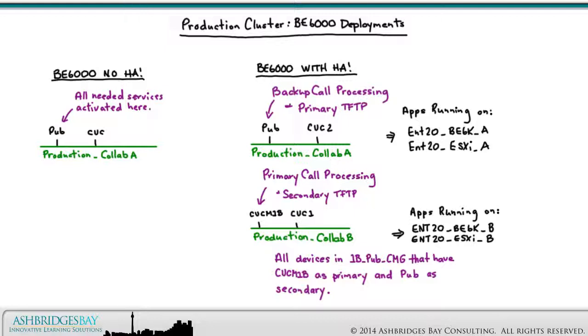We named CUCM1B 1B because it's on the B VLAN and B ESXi host. If we grow and add another call processing server, it will be CUCM1A and go on the A VLAN and the A ESXi host. This also keeps things consistent with larger deployments in the A-Bay labs.